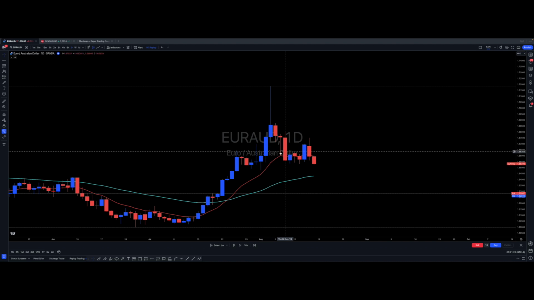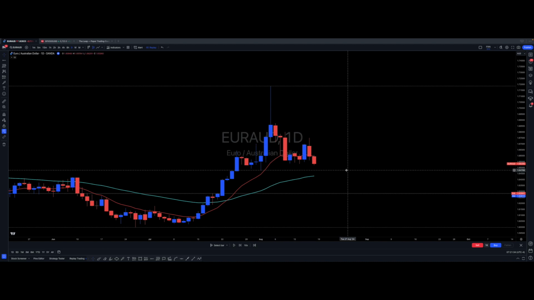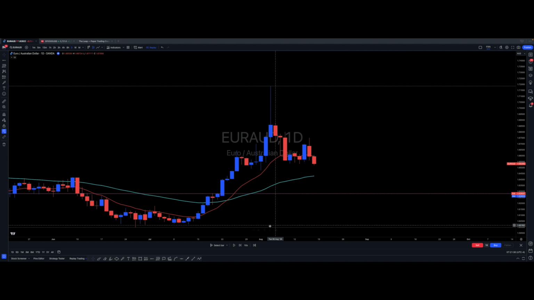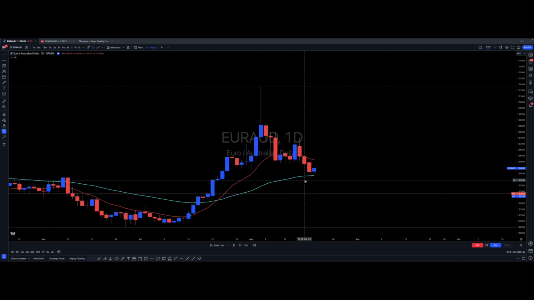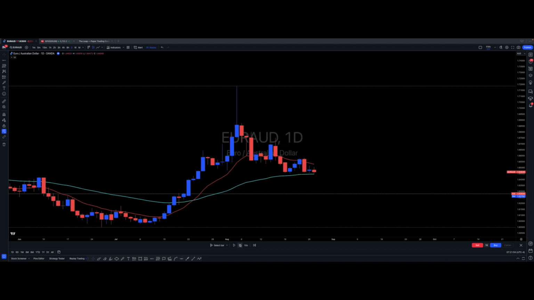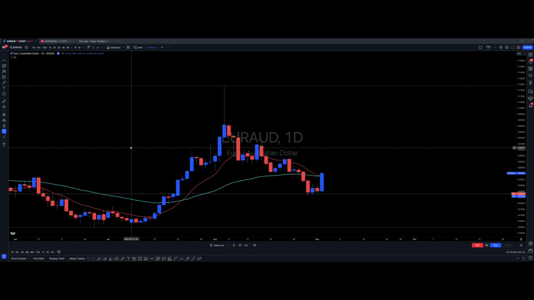So with all those clues in mind, this is where you could try to avoid getting caught in the resets, because you notice that once we get past these lows here, we pretty much have a clear path to go a lot further down. You're not going to avoid resets 100% of the time. It's just not going to happen.